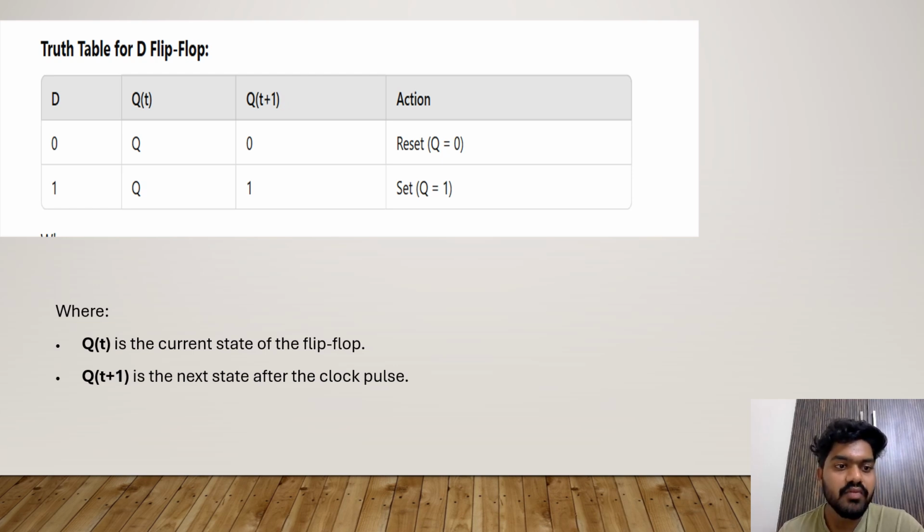The first condition is D equals 0, we'll get output as 0, that is the reset condition. When D is 1, the next state after the clock pulse output is 1, that is the set condition.